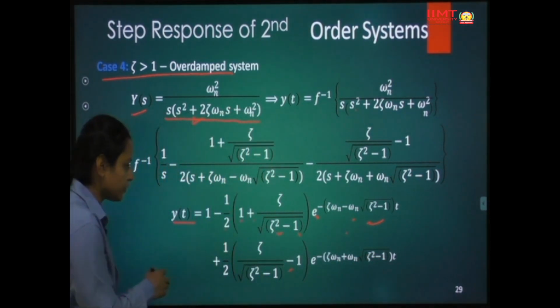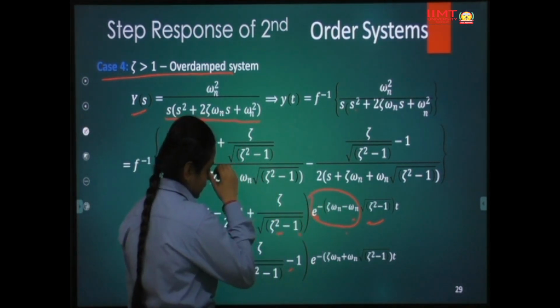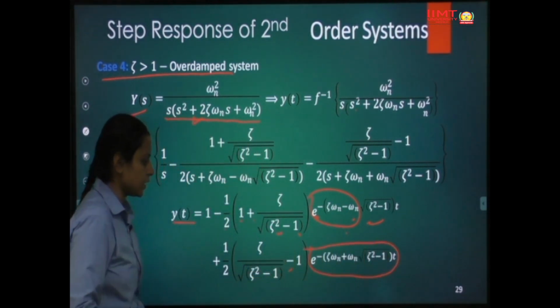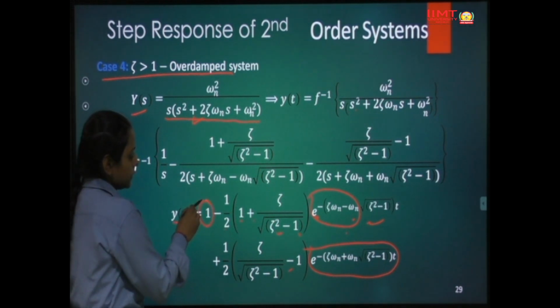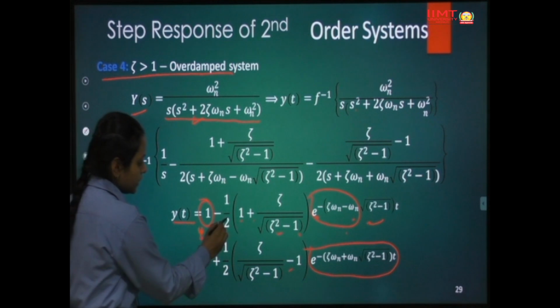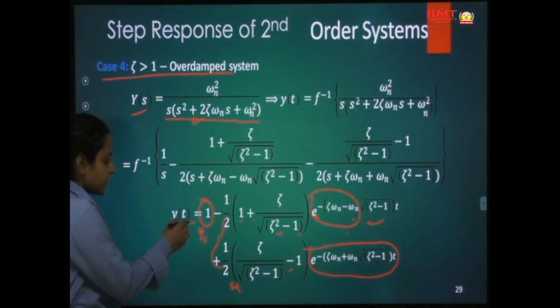If we look at this term, it would vanish because of this e to the power term as t tends to infinity. This whole term will also vanish as t tends to infinity. We will have only this term. So this is your steady state value, and these two are your transient terms for the transient response.